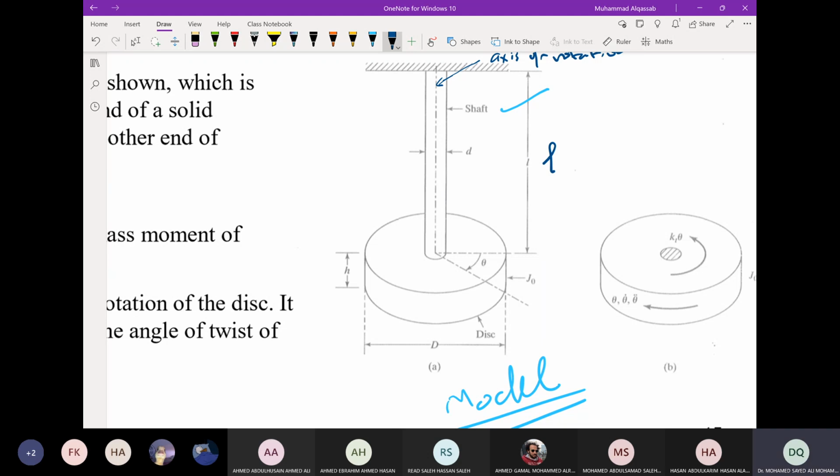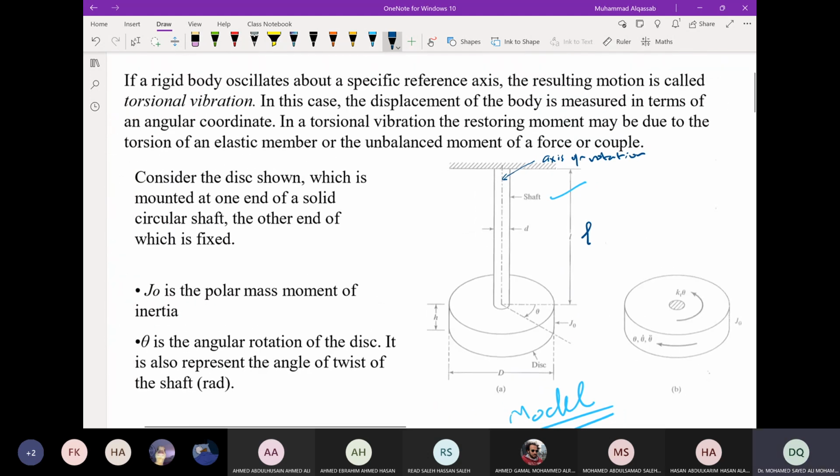This occurs in machines with rotating elements, a shaft carrying an impeller, or a shaft carrying rotors, so they can vibrate in torsional vibration.